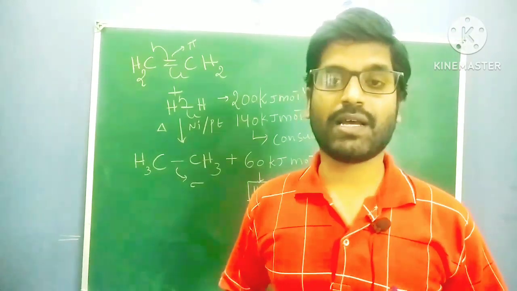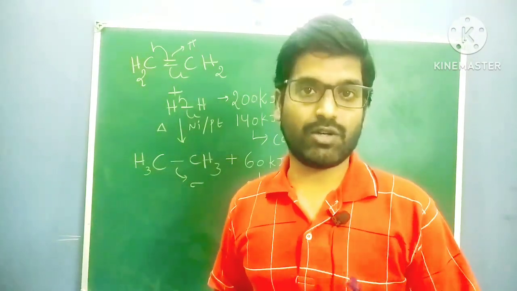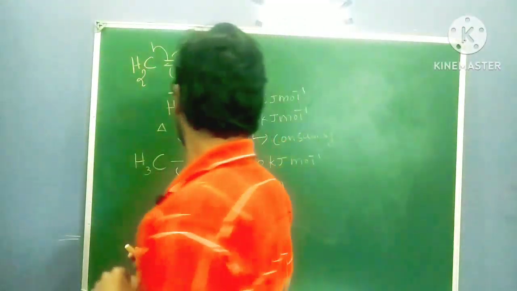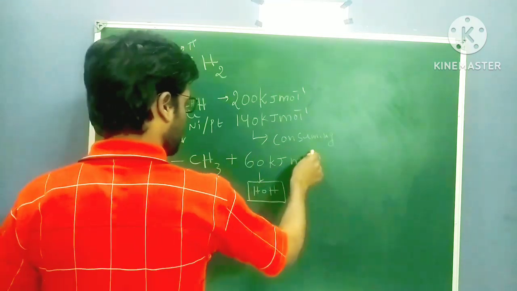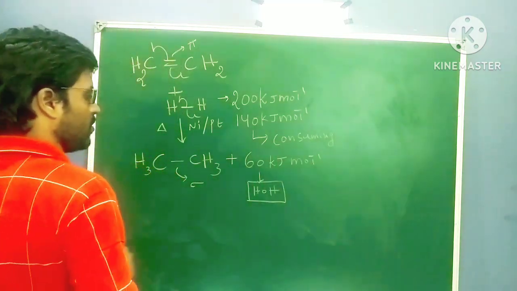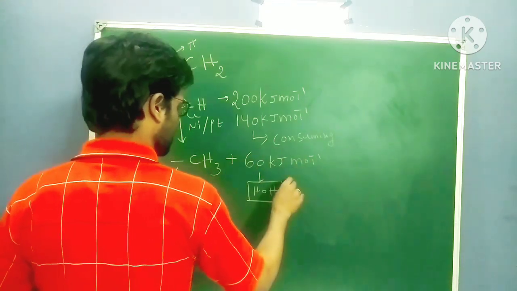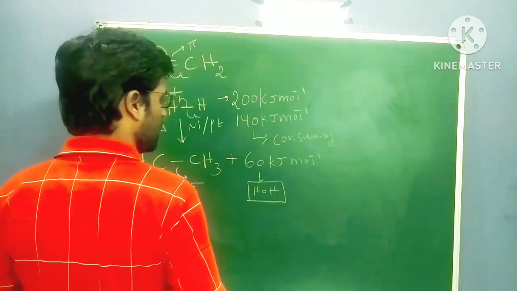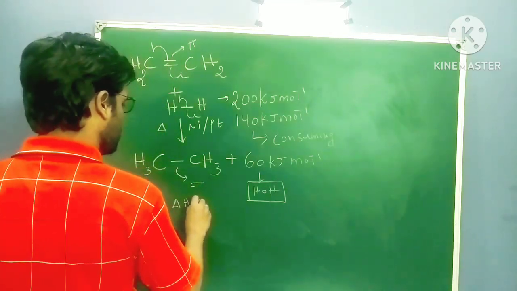We have seen this. If a reaction absorbs energy, that is endothermic. The energy released we can call exothermic, because this is the enthalpy of reaction. In terms of thermodynamics, we call it the enthalpy of reaction. So this enthalpy of reaction is exothermic or endothermic?